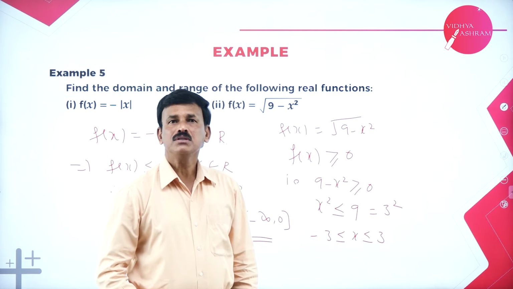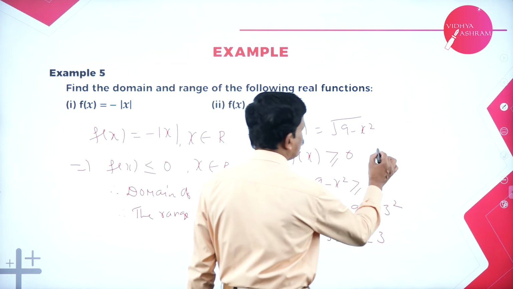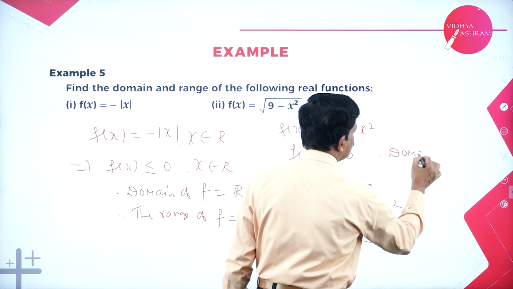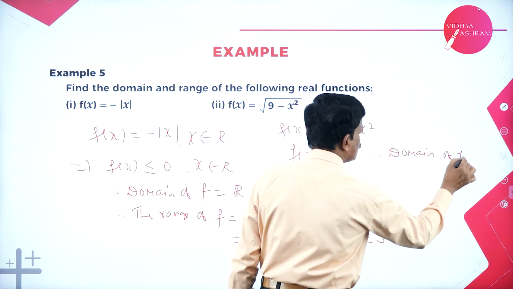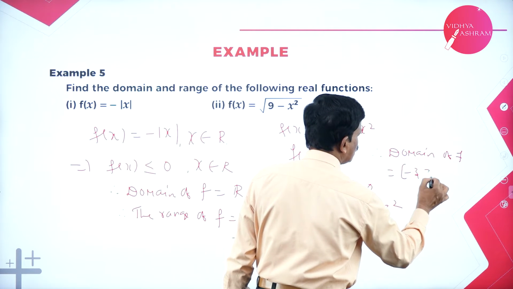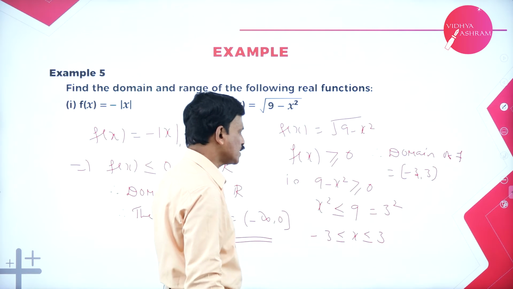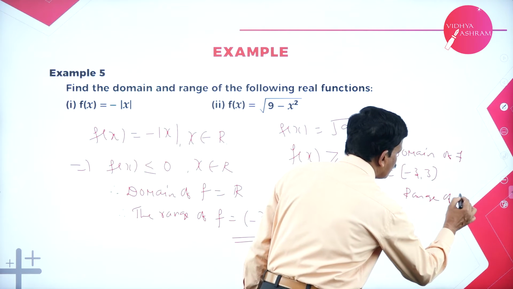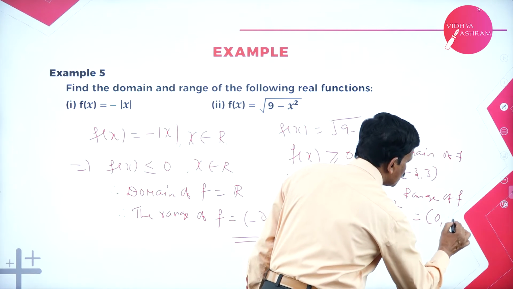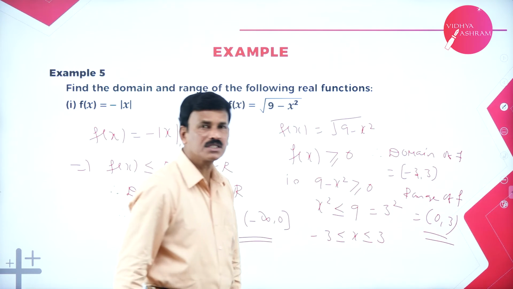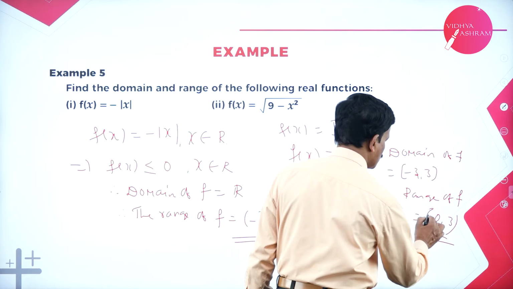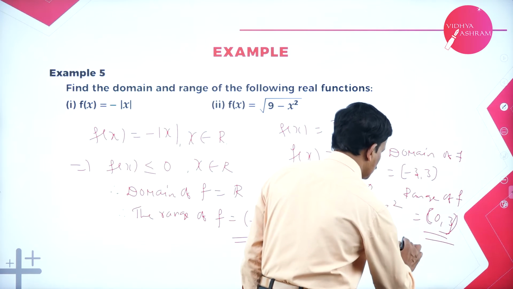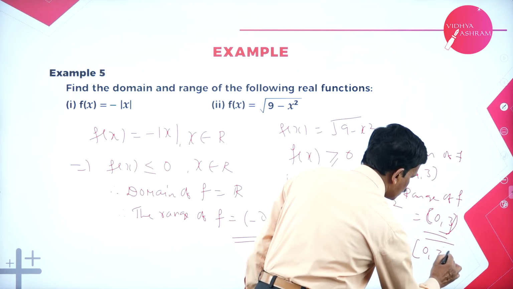That's it. So therefore the domain of f is equal to minus 3 comma 3, and the range of f is equal to 0 comma 3. So the range is the closed interval 0 comma 3.